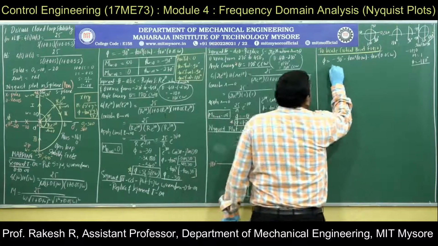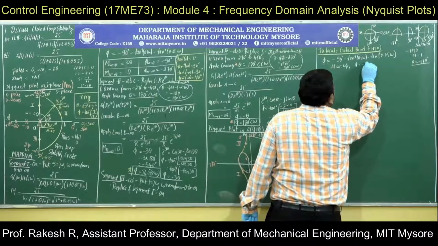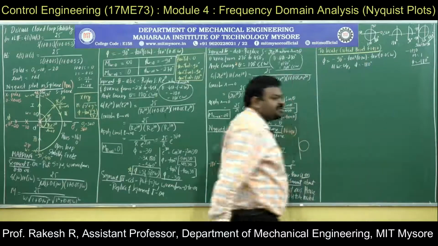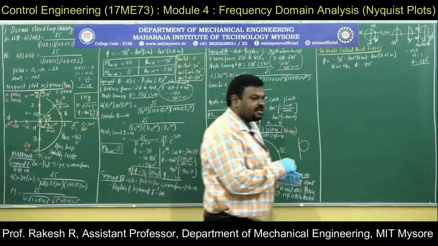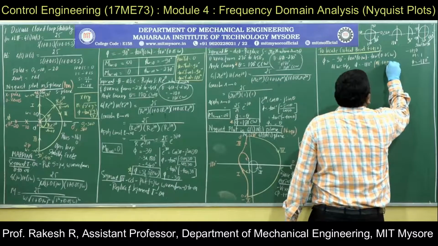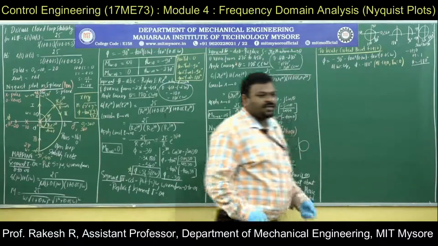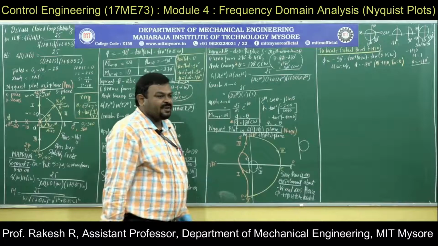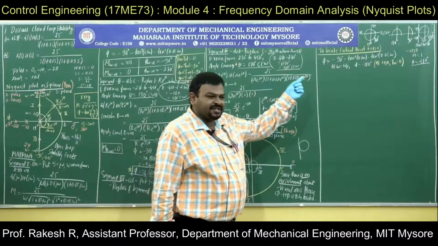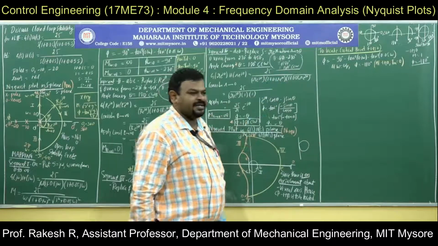At omega equal to omega p, phi is equal to -180 degrees. There is another condition: at -1 plus j0, the imaginary part is equal to 0. Either condition can be used, but here I will use the phase angle condition. In the calculator, a solve option is there, so directly you will get the answer.